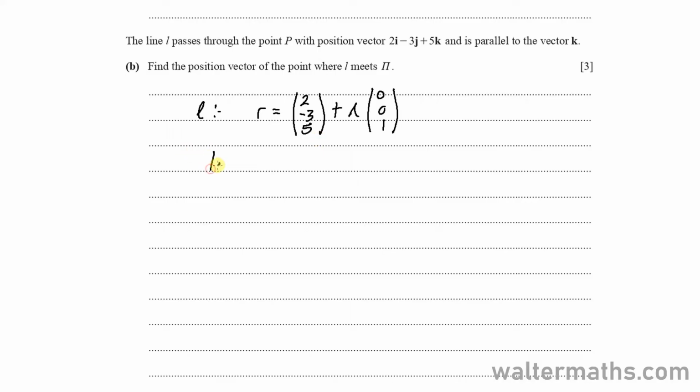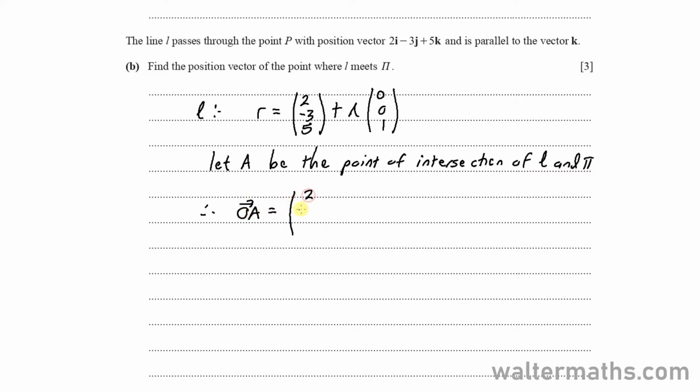Now I'm going to say let A be the point of intersection of the line L and the plane pi. So therefore, the position vector OA should be equal to 2, minus 3, and 5 plus lambda, taking it from the equation of the line. And here you must know that lambda has its own specific value that is unique only to it.